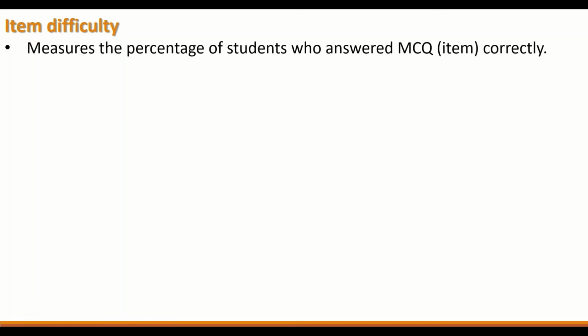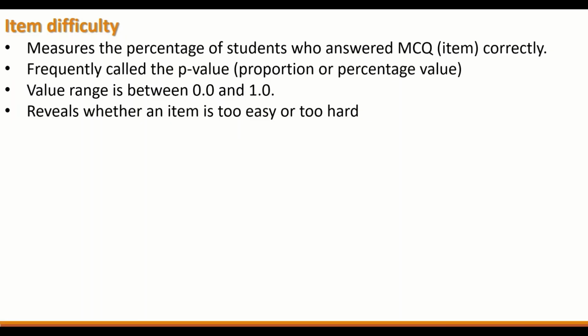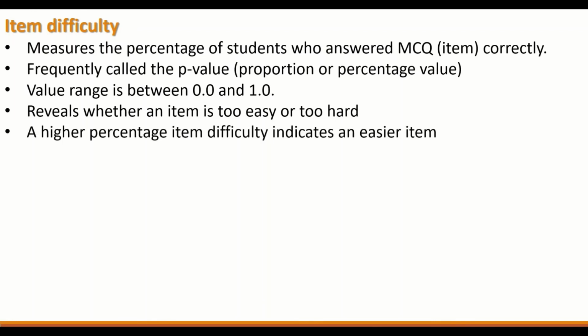Item difficulty measures the percentage of students who answered a multiple choice question item correctly. It is frequently called the p-value, proportion, or percentage value. The item difficulty value ranges between 0 and 1. The item difficulty reveals whether an item is too easy or too hard.